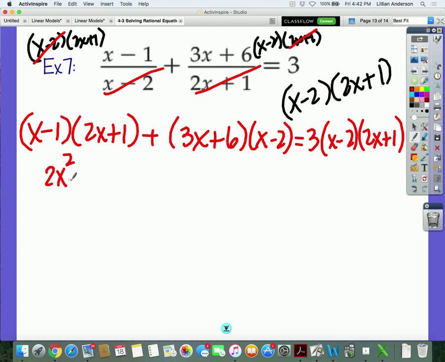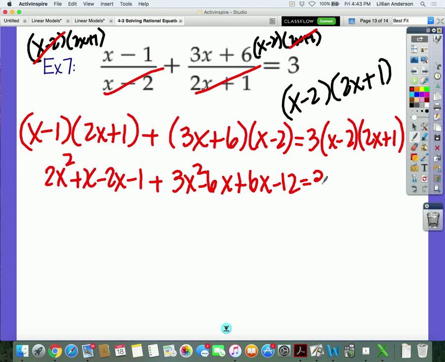FOIL. I'm going to FOIL this first, and then distribute the 3 after.